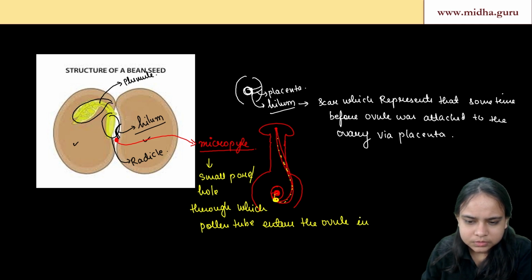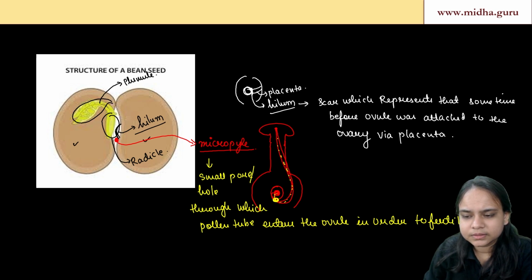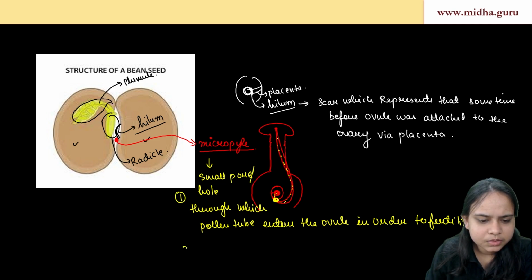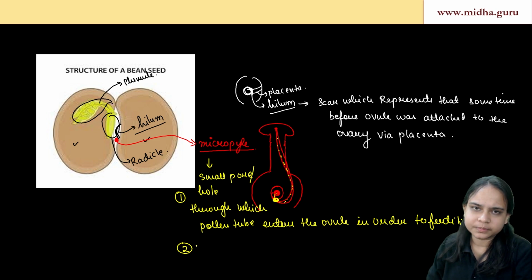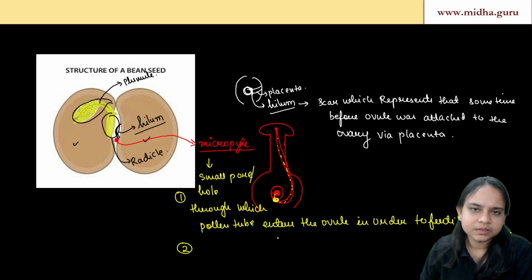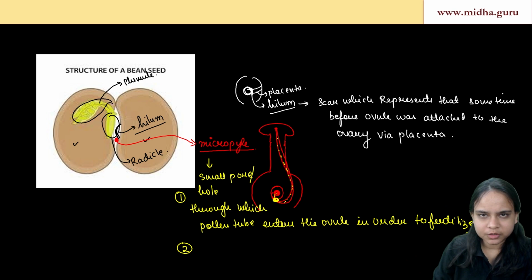In order to fertilize the egg cell. So this micropyle helps in two things. Okay, serves for two purposes. This micropyle serves for two purposes. One is that it acts as a doorway, or provides space for the pollen tube to enter into the ovule.